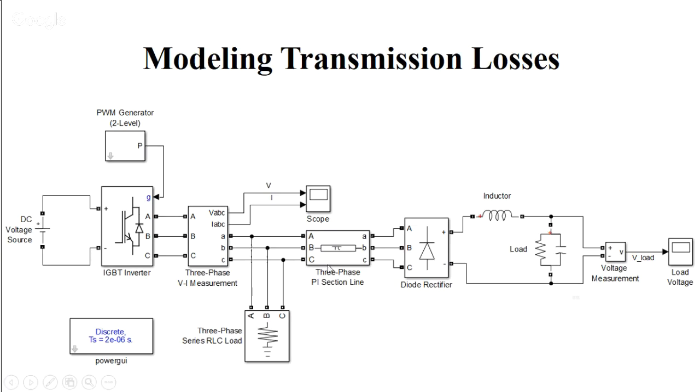So this three-phase PI section line is provided between the inverter circuit and the rectifier circuit. That means our inverter is present at somewhat 5 kilometer or 10 kilometer distance. So we are providing a three-phase PI section line in between this circuit.